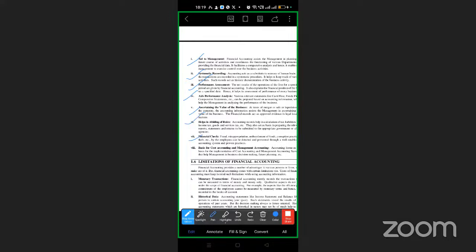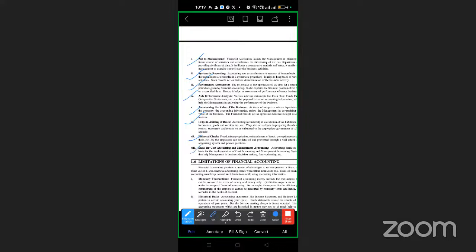Ascertaining the value of business also helps in abiding by the rules. Financial check means whether any fraud or corruption is taking place, or any embezzlement of cash or funds is going on in the business, and financial accounting will help prevent all this. And it is the basis for cost accounting and management accounting. Why?